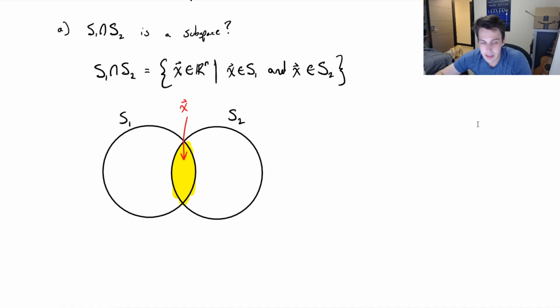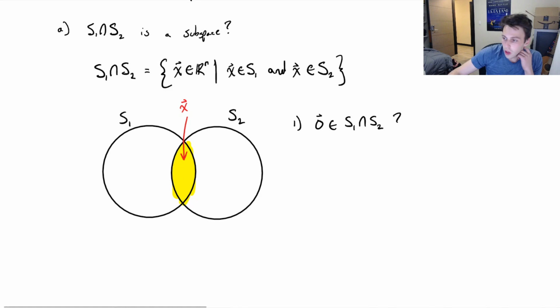It all boils down to the basics. Number one, does the zero vector exist in the intersection of S1 and S2? Well, let's consider this. The zero vector does belong to S1, and the zero vector also belongs to S2.